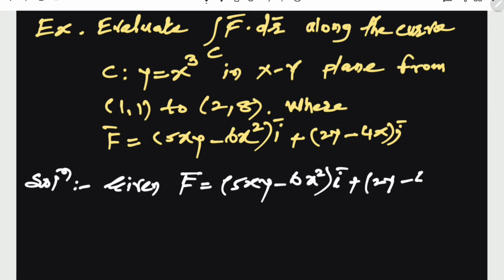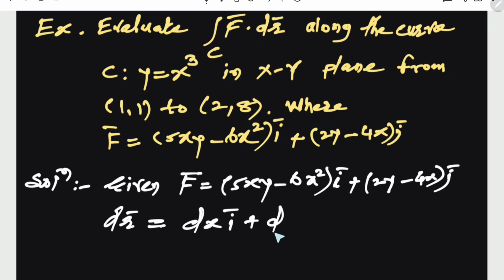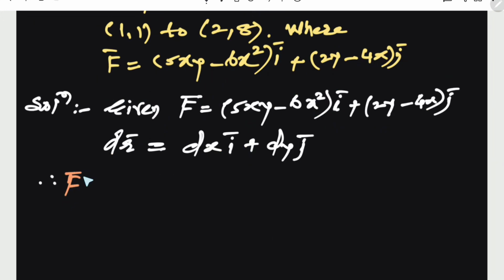To find the value of f bar dot dr bar, we write down what is given: f bar and dr bar. Dr bar is nothing but the derivative of r bar, where r bar represents the position vector as xi plus yj, and therefore dr bar is equal to dx i plus dy j.